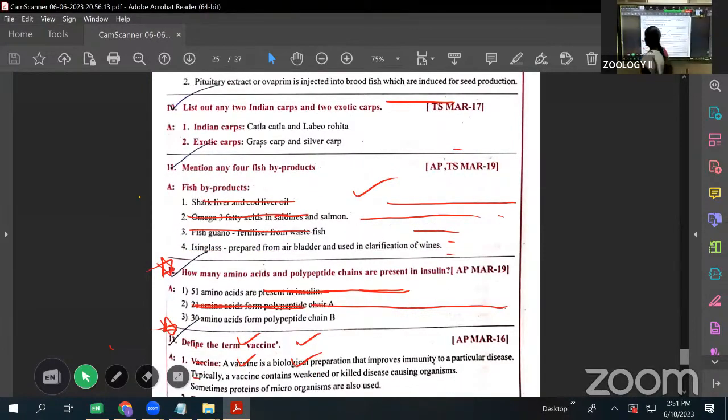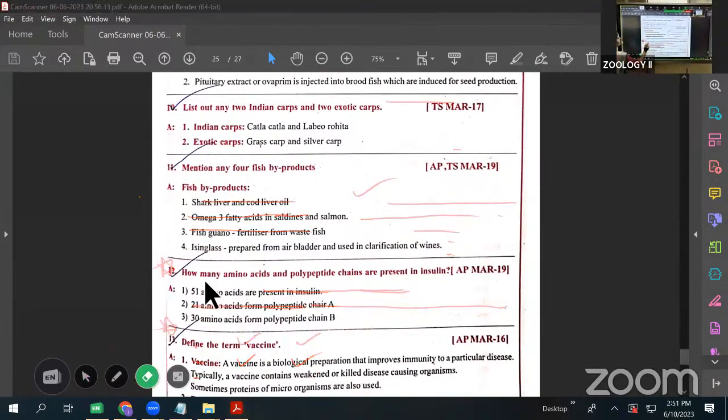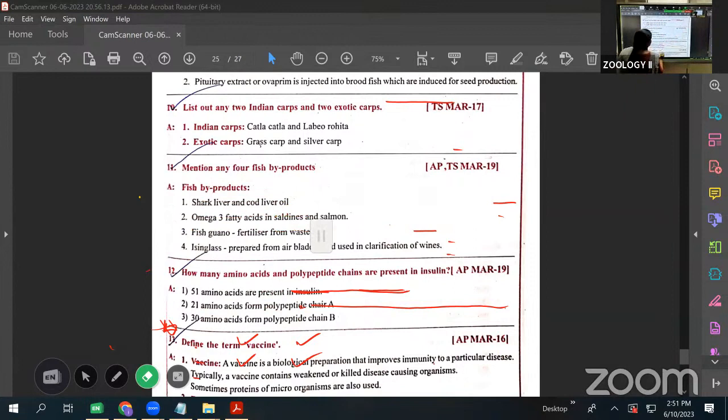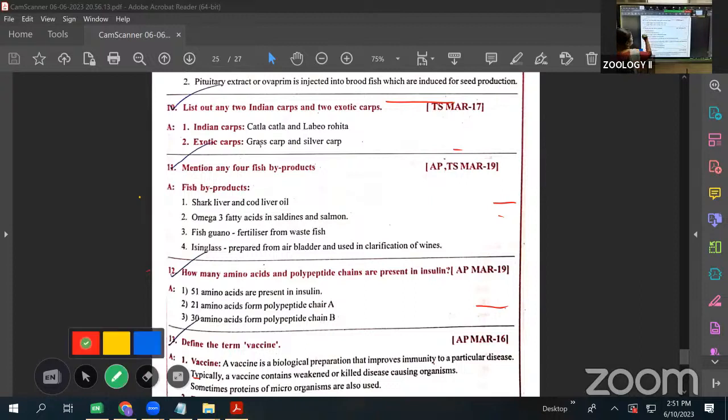In this lesson, more SAQs are important. The fish byproducts: from the shark liver we get liver oil, and cod liver oil; omega-3 fatty acids come from sardines and salmon.